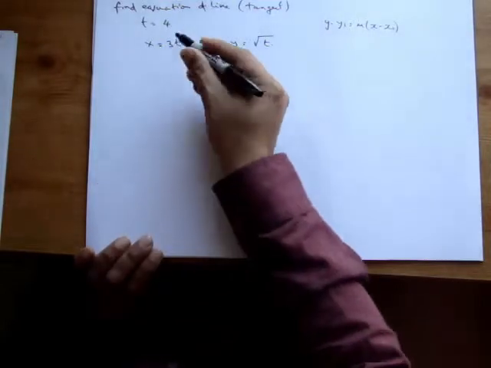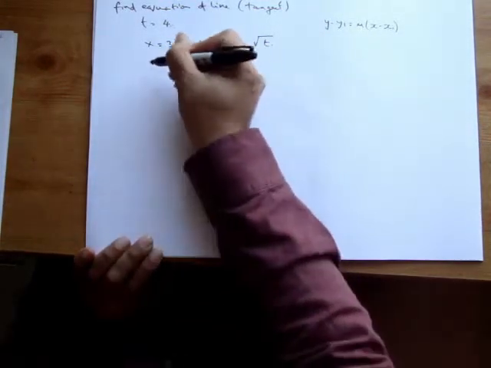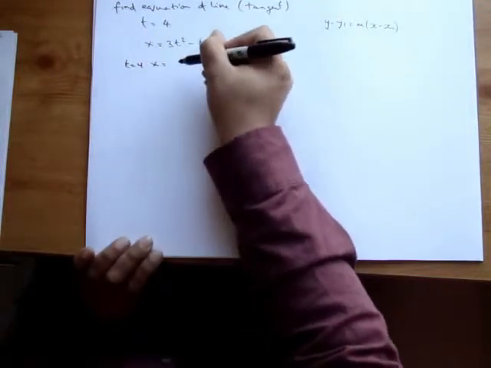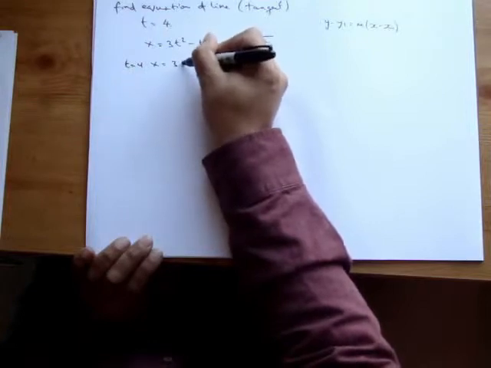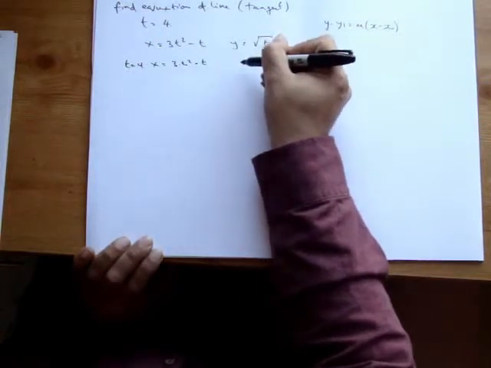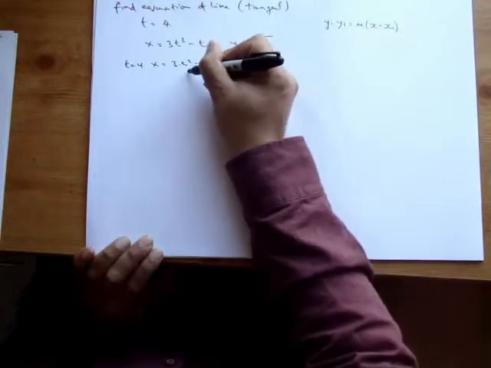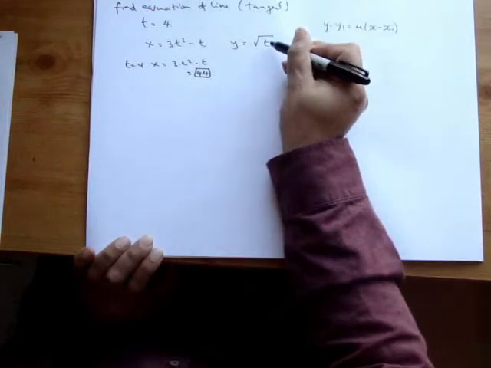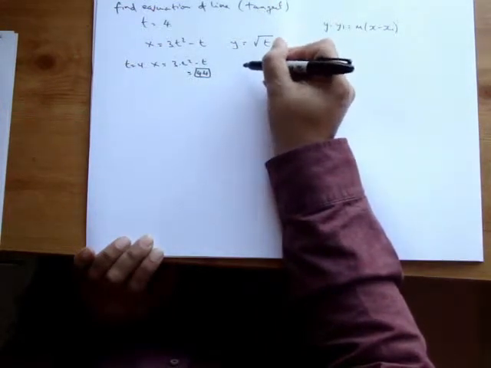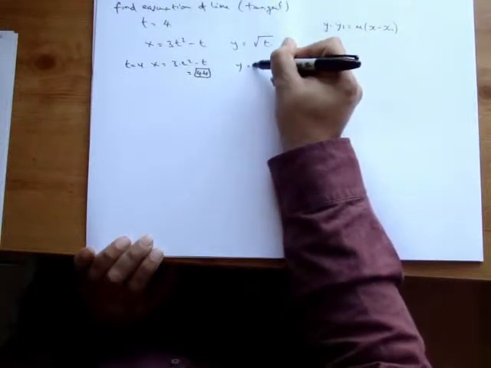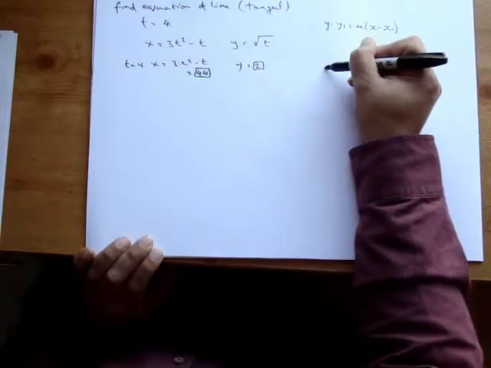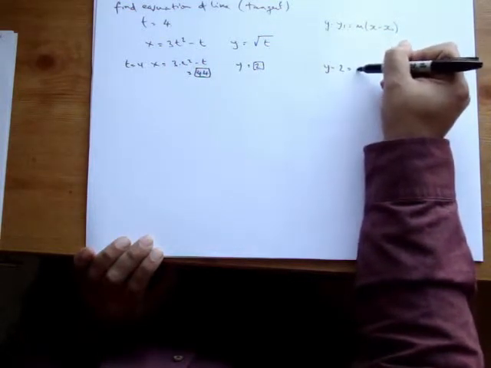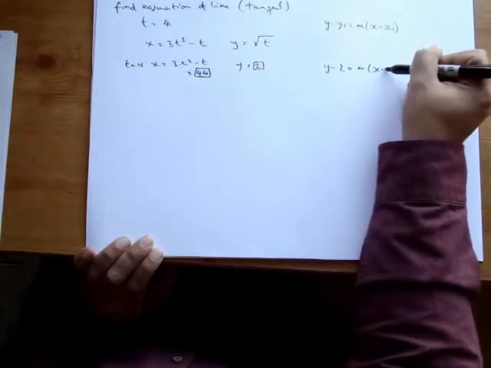So when we put t equals 4 into these equations, x equals 3 times 4 squared minus 4, that equals 44, and y equals square root of 4, so y equals 2. Putting that back into this equation, we get y minus 2 equals m(x minus 44).